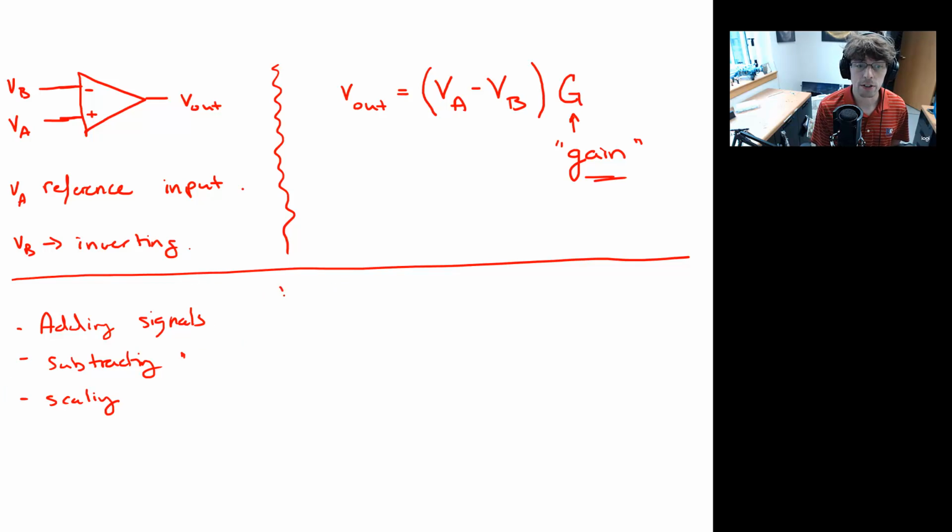After our discussion about capacitors and inductors, we can return to the operational amplifier and find out that we can do things like differentiation. We can take derivatives, or we can do integration.